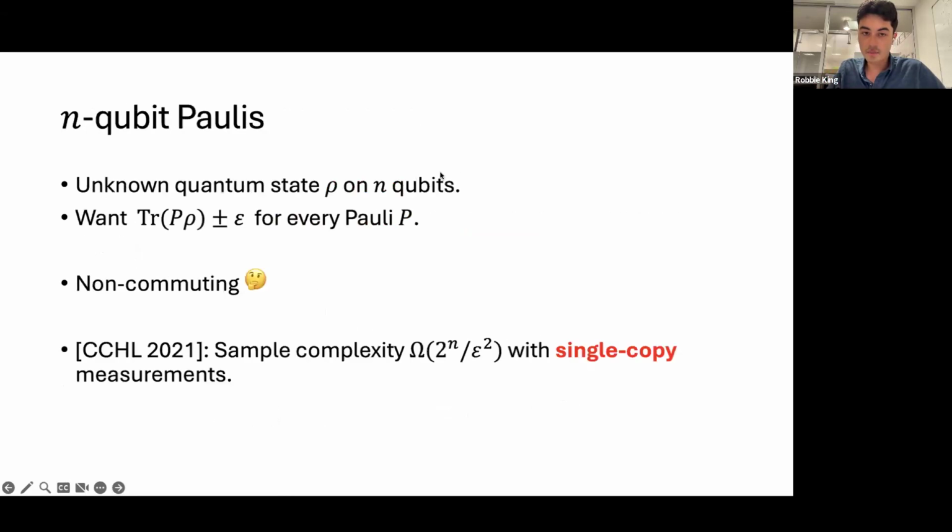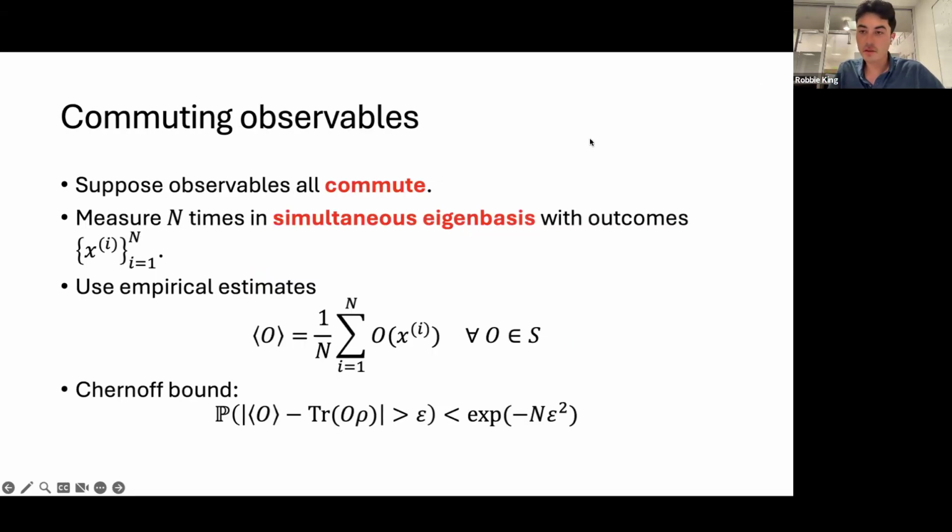And then for every observable, we can just output the empirical estimate of its mean. Because the basis we measured diagonalizes all of these operators, we get a good estimate of each one.